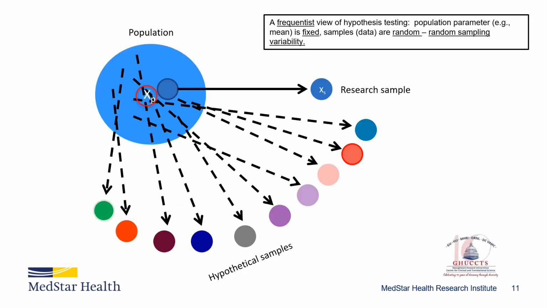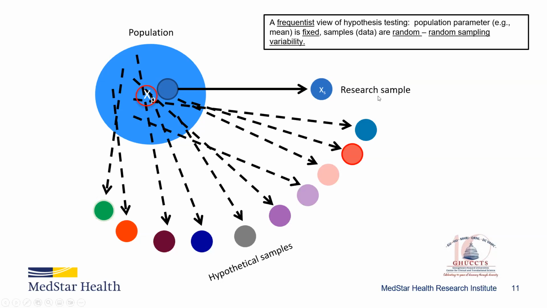So here's the basic idea of doing research, and then the theoretical ideas behind hypothesis testing or significance testing. As I mentioned, you get one shot at drawing a sample from your population.